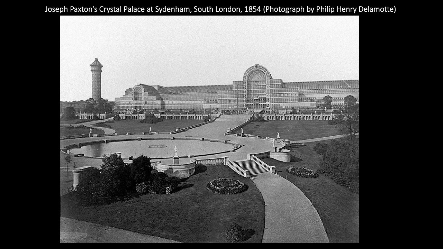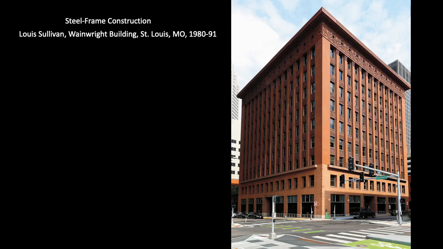Although the structure was originally intended as a temporary thing for the exhibition, the Crystal Palace was so well received that it was eventually dismantled and then reassembled in South London, where it served as an exhibition and concert hall until it was unfortunately destroyed by a fire in 1936.